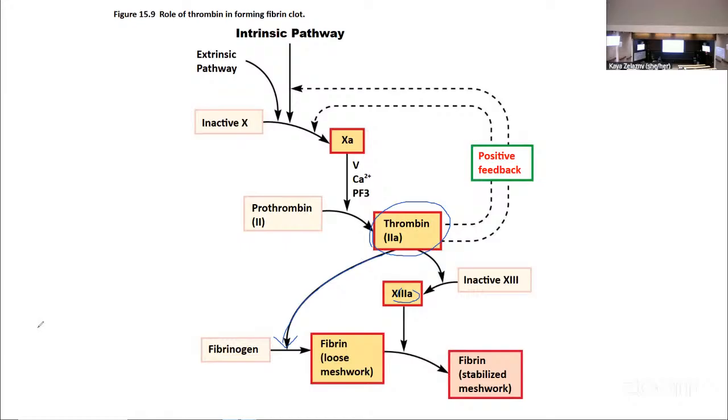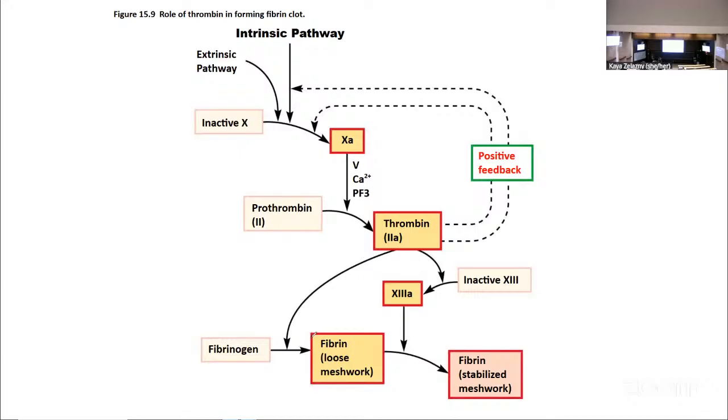So in order of priority of remembering things, we want to remember this fibrinogen to fibrin to stable fibrin pathway first. Then next thing I would focus on is this role of thrombin here. We can see that thrombin's also doing some other stuff, and we can also see that thrombin itself came from somewhere. Okay, so let's think about where the thrombin is coming from and the role it plays in that pathway too.